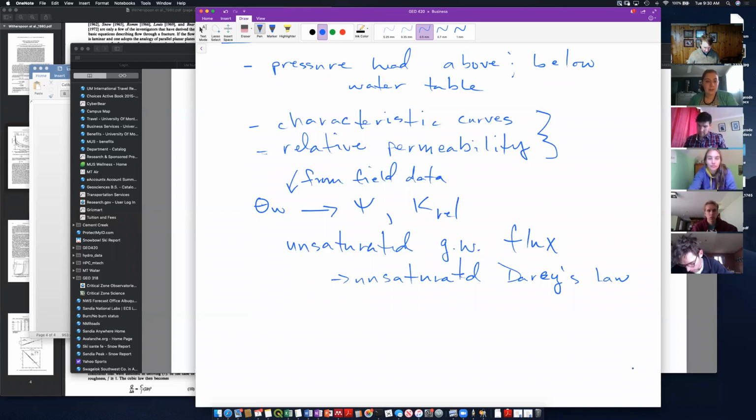The bottom line is quick conditions, much like our saltwater interface, is a force balance. We're seeing whether the gradient in fluid pressure is enough to essentially float the sediment.